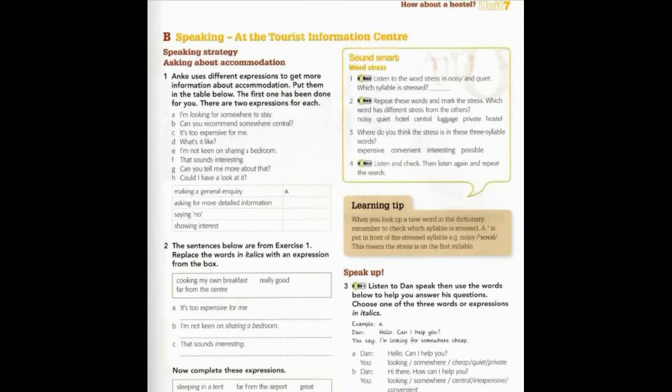We do have speaking, I mean the strategy that we should follow at the Tourist Information Center. This phrase has been mentioned many times. Sometimes it's called a visitor center or a visitor information center or a tourist information center. It is simply an office that provides tourist information to visitors.